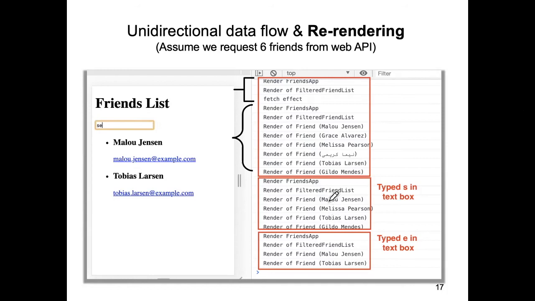So the friend components that are not included here, we would say that those friend component instances unmount from the hierarchy.